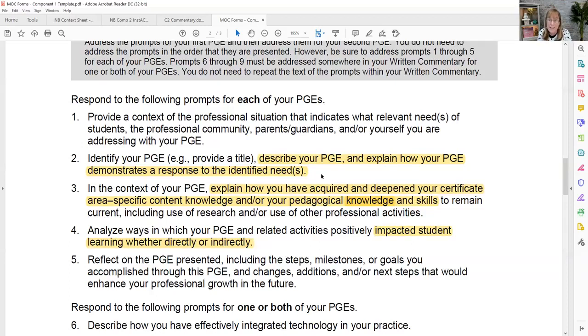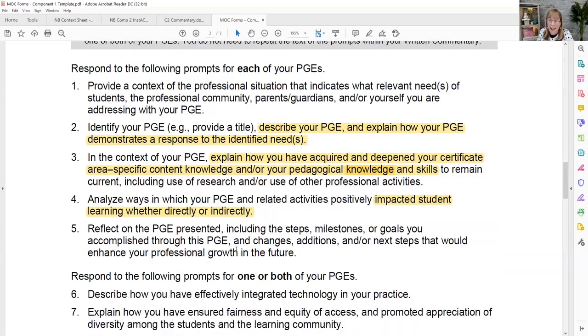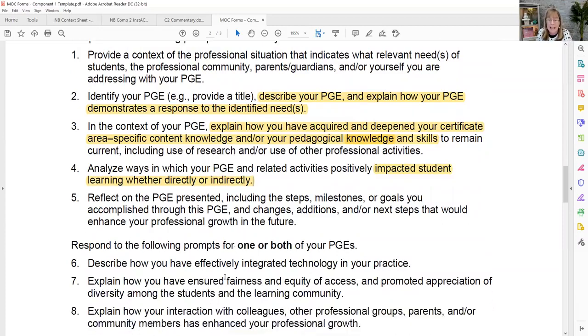So this also gets interwoven into the description of the PGE. And I like to interweave into the story anytime you've integrated technology into that same description. So it kind of goes together. And when you've ensured fairness and equity of access, again, that same thing if we were going from STEM to STEAM.